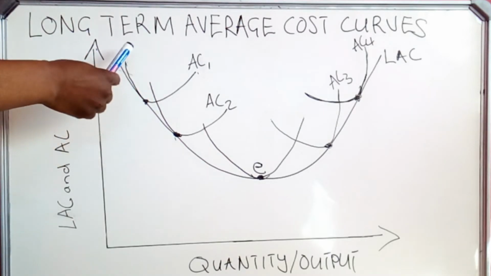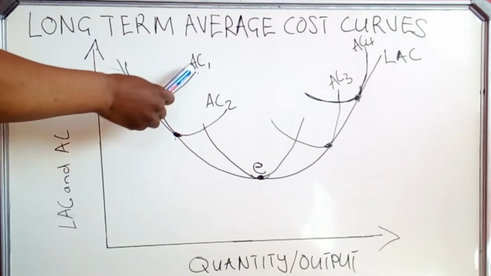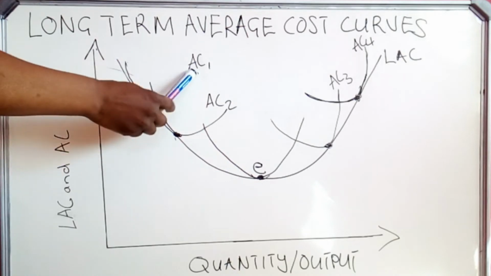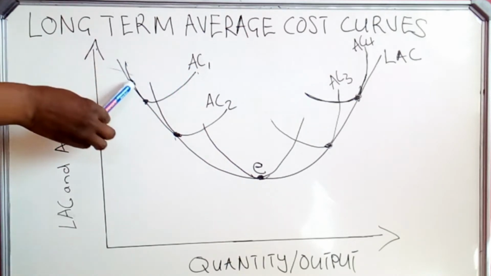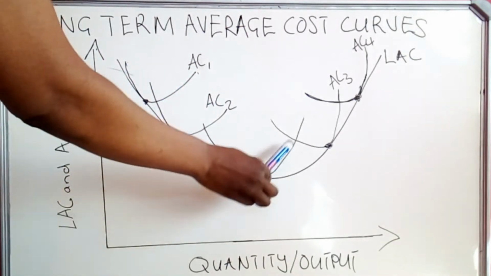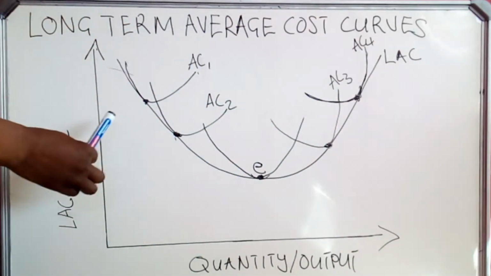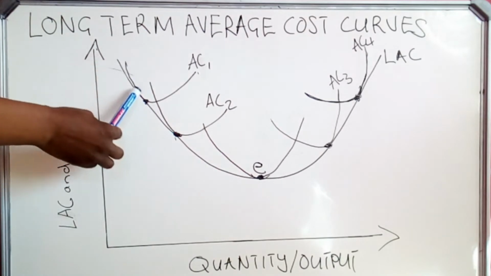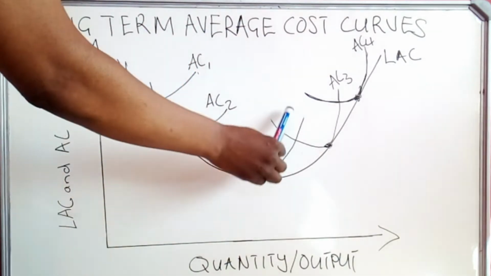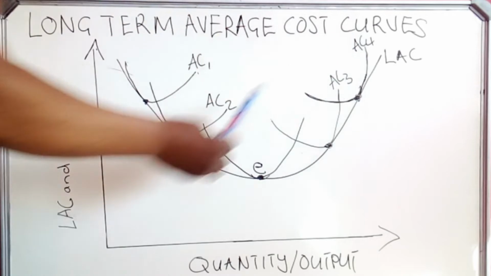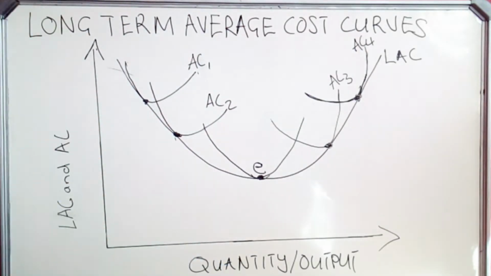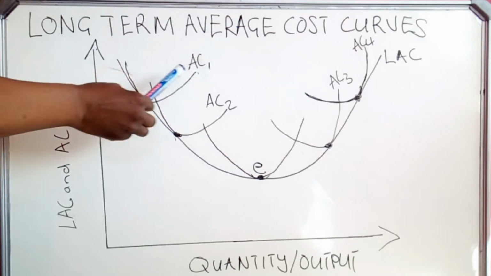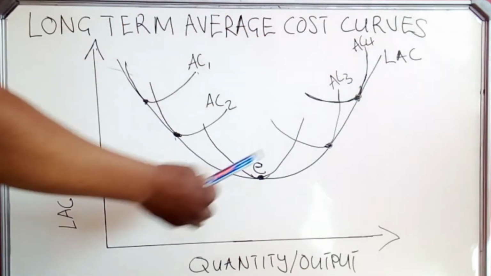Every time we move from average cost 1 to AC2, this represents a firm increasing its production capacity. As time goes on, you see the quantity is increasing. It means that this firm is increasing its capacities in terms of the production of output. So AC1 is the smallest and AC4 is the largest.